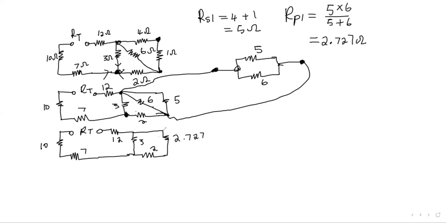So now I've got this circuit where I have a type of square, something like that. So I will say 2 ohm and 2.72 ohm. How are they connected? They are connected in series. What about the 3 ohm? It's because the 3 ohm is still on a junction.